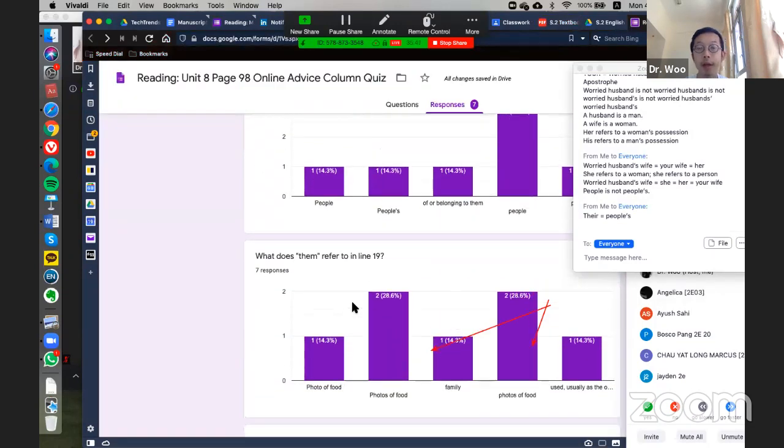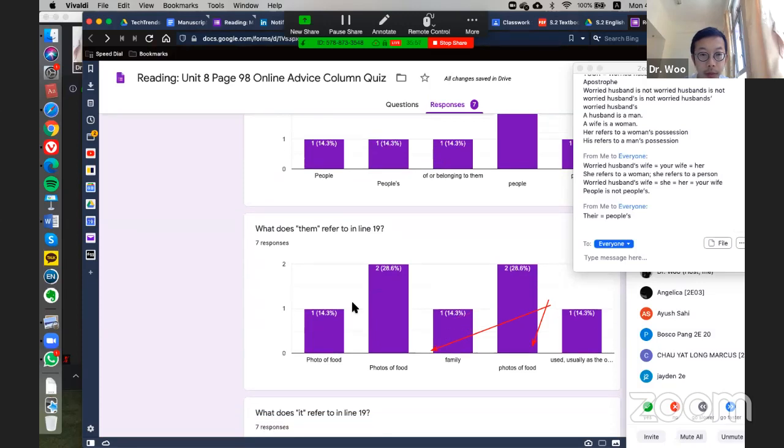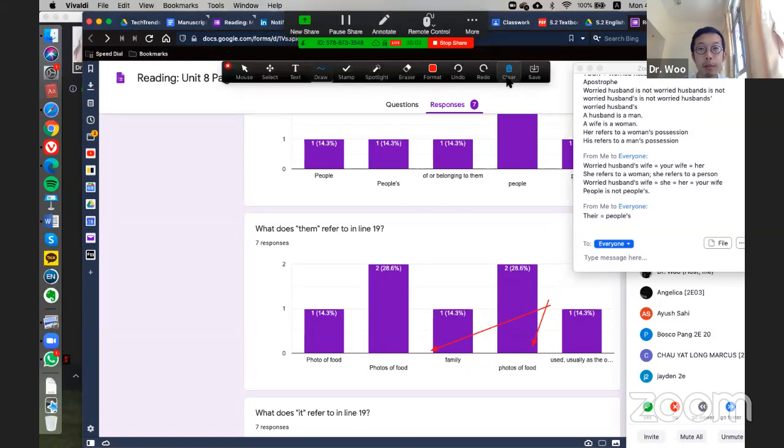What does them refer to? Again, them is more than one. Uh-oh. Okay. Here we go. There seems to be some confusion here. We see family. Okay. Well, it seems like one family. Uh-oh.